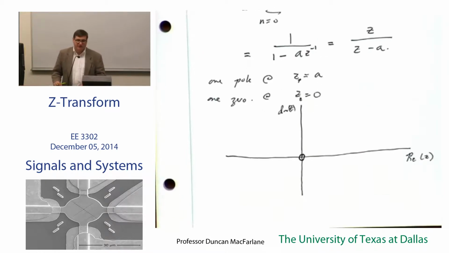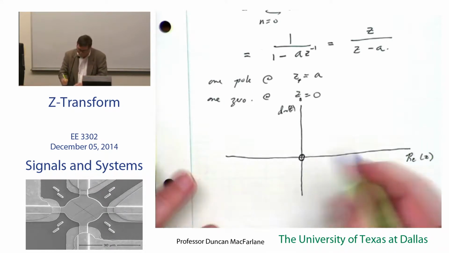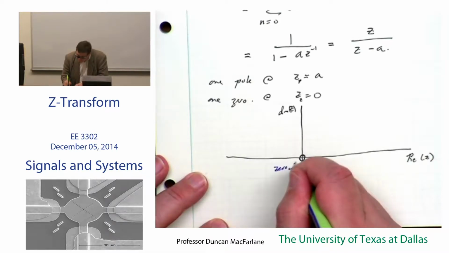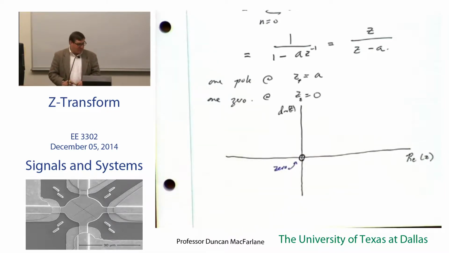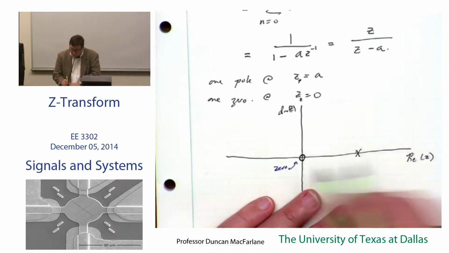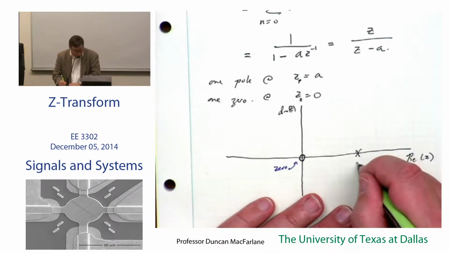You can yell, you can throw something at me when you can't see the paper. So here's the location of my zero. And if a is real, then my pole will be sitting out here on the real axis at location a.